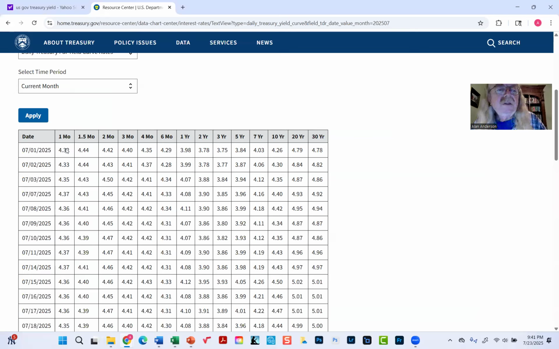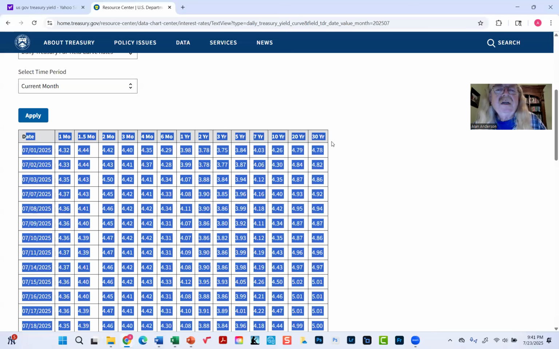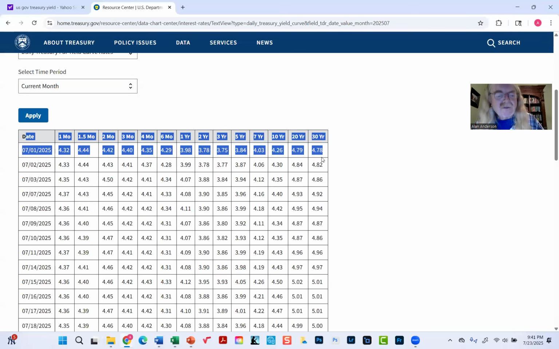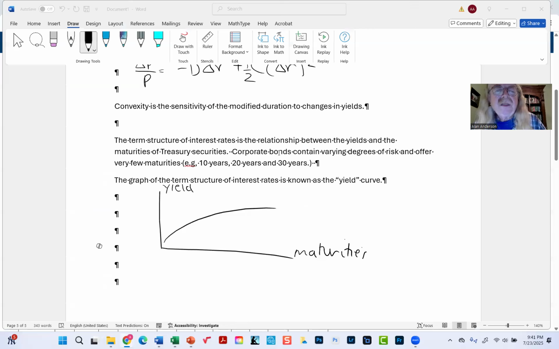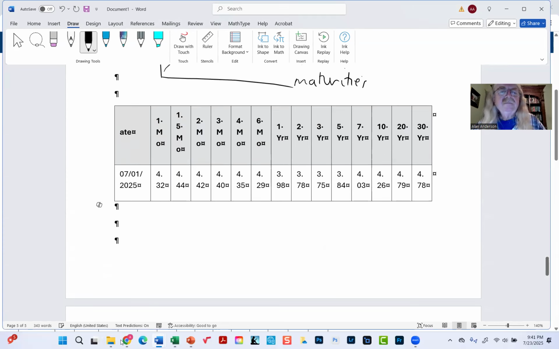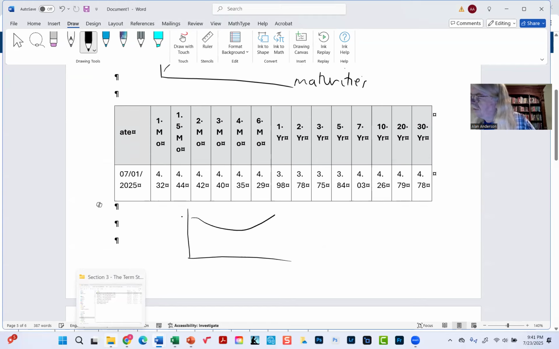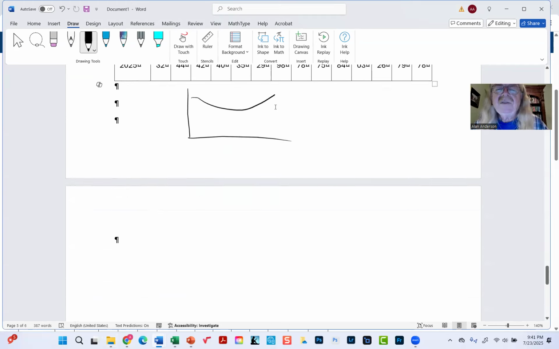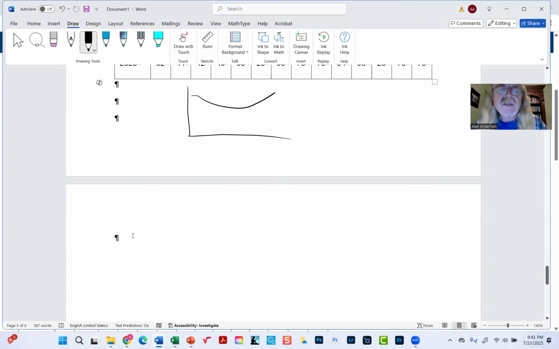So these numbers are not normal by historical standards. Look at what this looks like. It's sort of like dipping down and then dipping up again. That's not normal. But these are unusual times, to say the least.